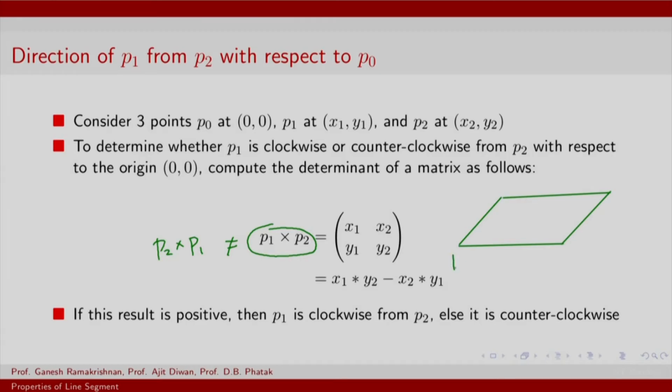If P0 is here and we consider a parallelogram with corners at P0, P1 and P2 and the fourth corner being the sum of P1 and P2, which happens to be here, one can interpret this cross product as the area of this parallelogram.